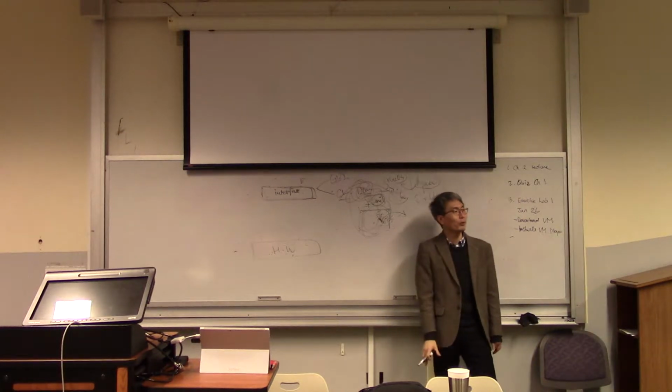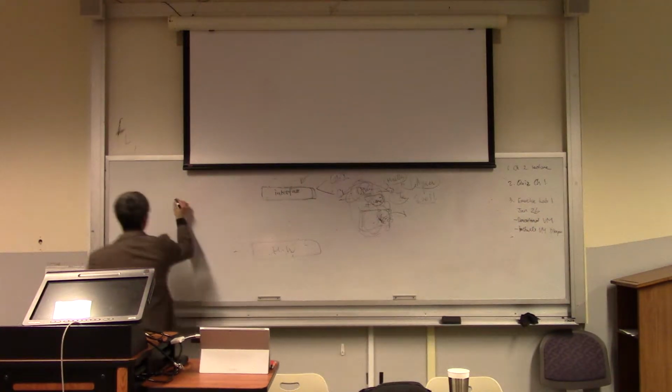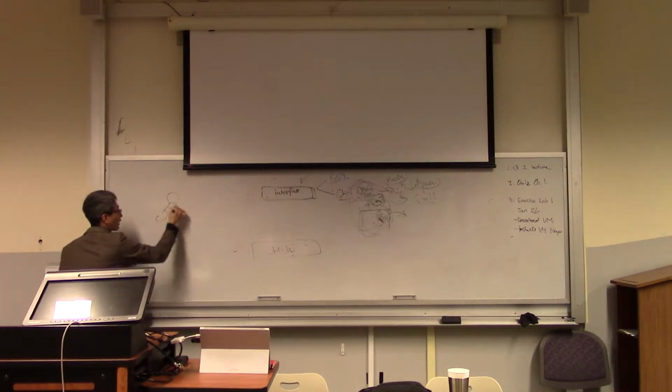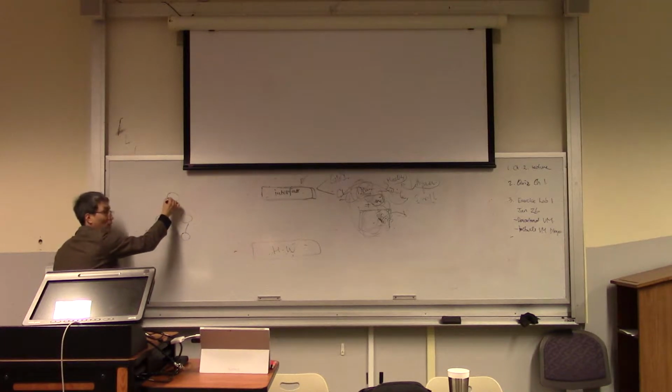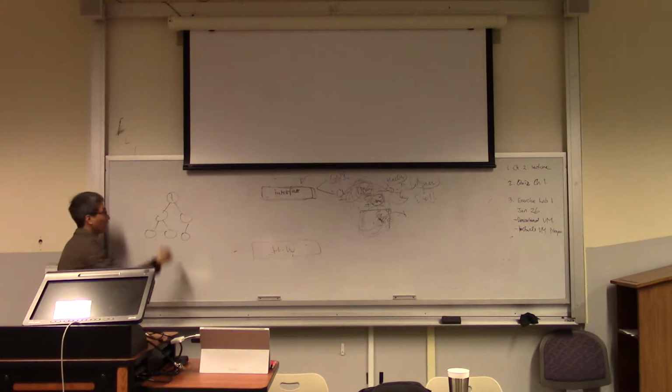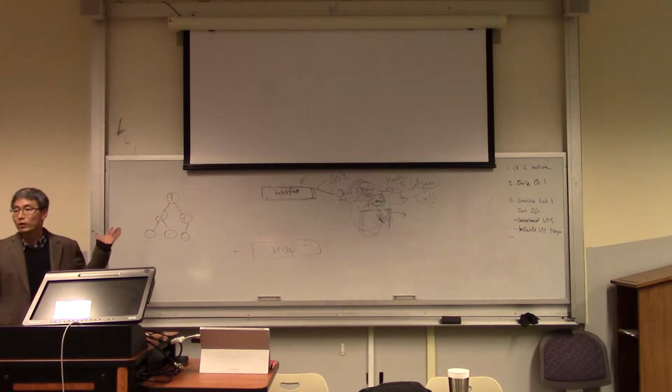So what is a shell program? Let's go back to what I mentioned last week. What is this? Kernel, process ID, right? And the system process and process. This is called the process tree.